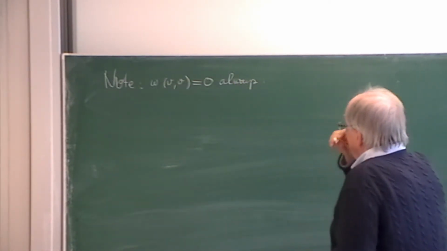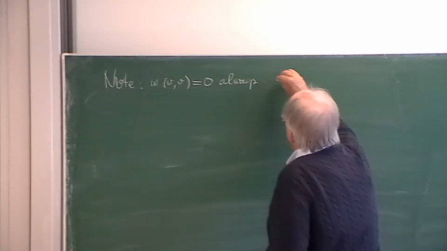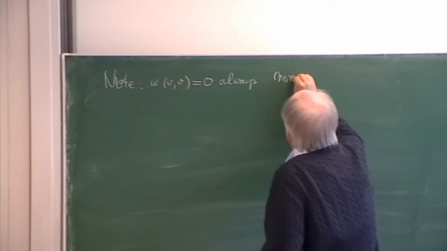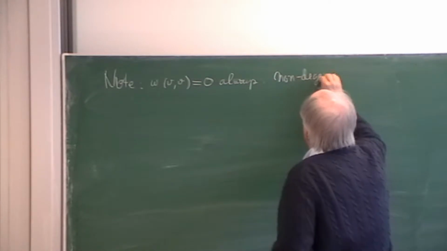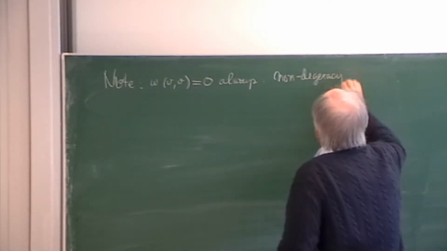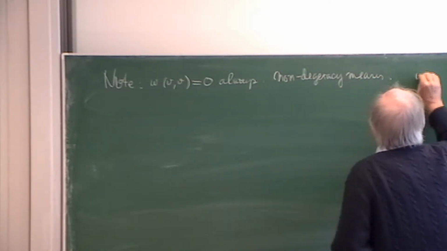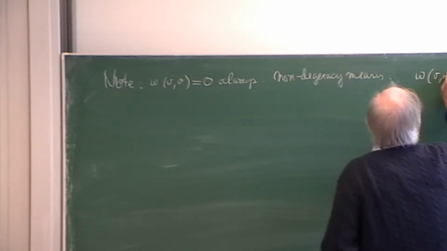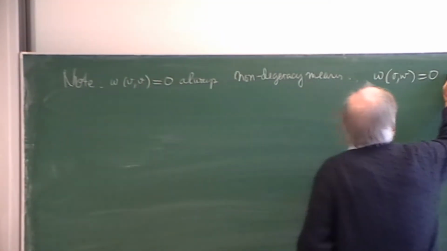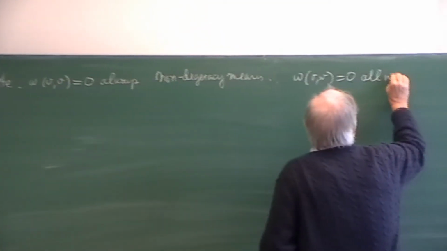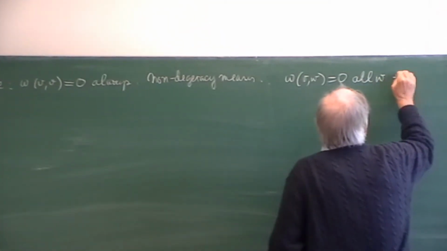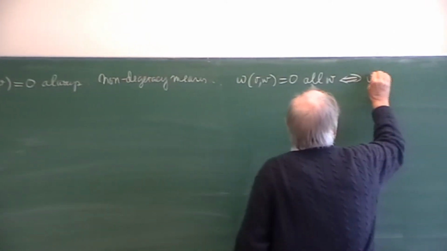It's always 0, but non-degeneracy means that omega vw equals 0 for all w only when, if and only if, v is the 0 vector.